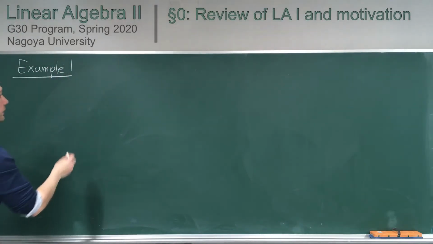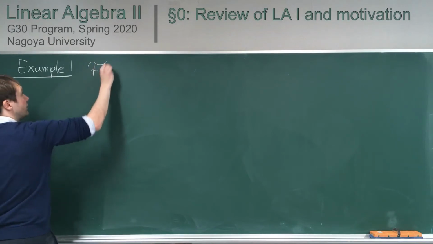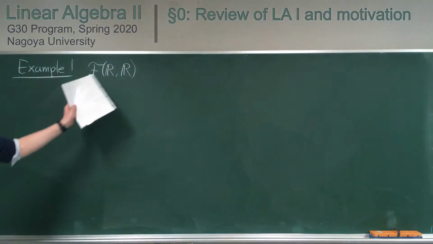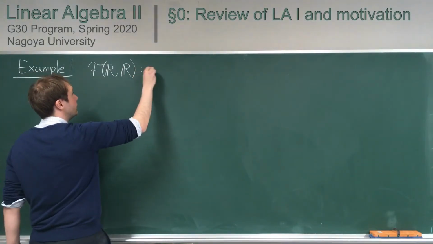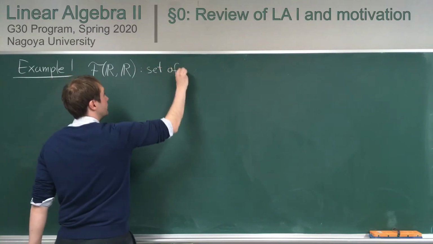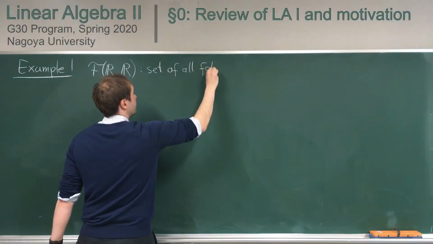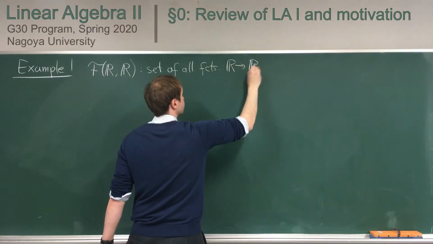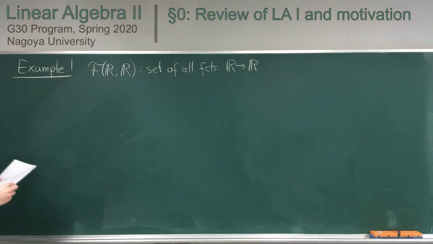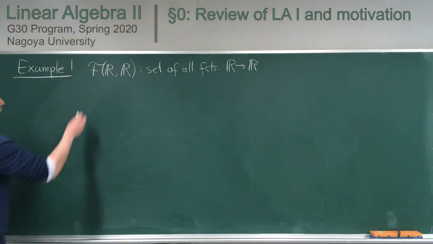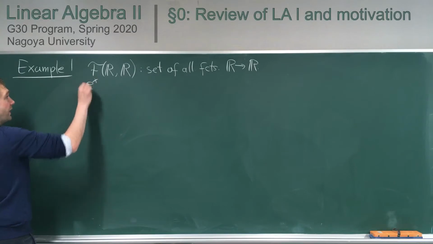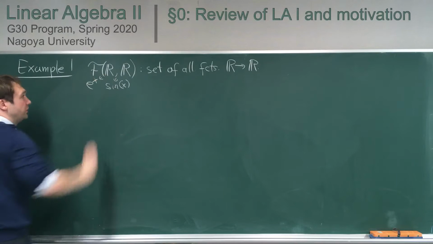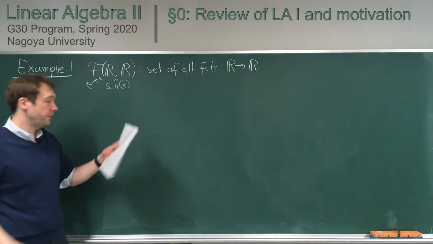And for this, let F(R, R) denote the set of all functions from R to R. So for example, one example would be the exponential, e to the x, or the sine, the cosine, and all functions you can imagine. So this set is a really, really big set.